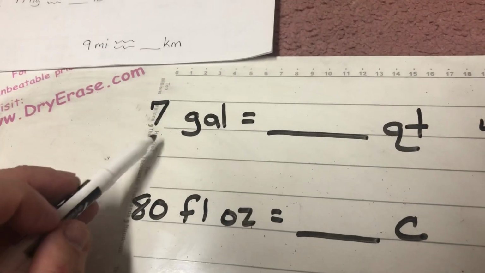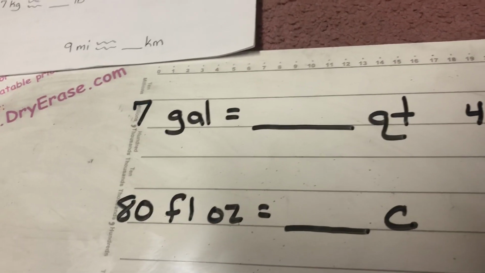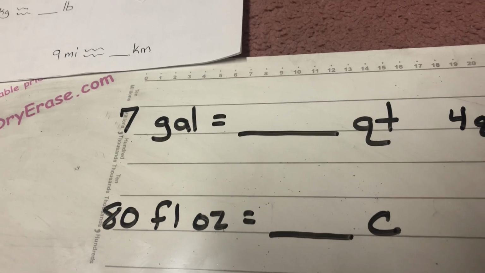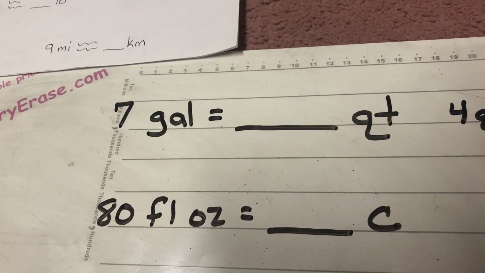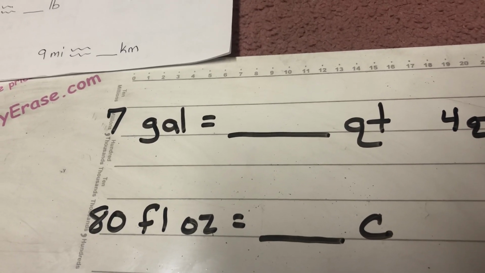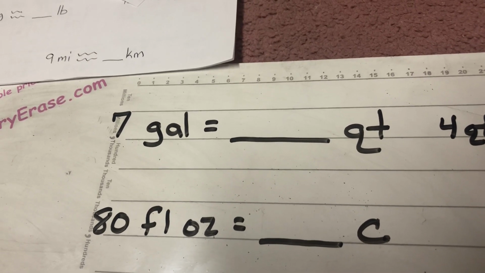So since 1 gallon is bigger than 1 quart, what we say is since the measurement is getting smaller, the number is getting bigger. You will write this down in your notes, but I'm going to say it in the video. When the measurement is getting smaller, the number is getting bigger.